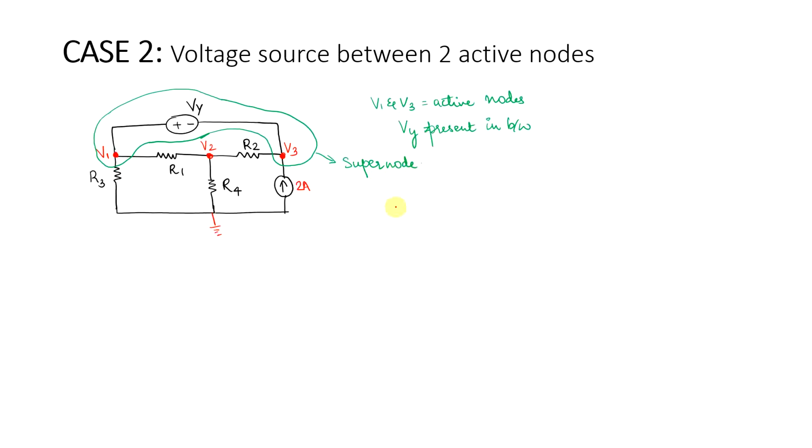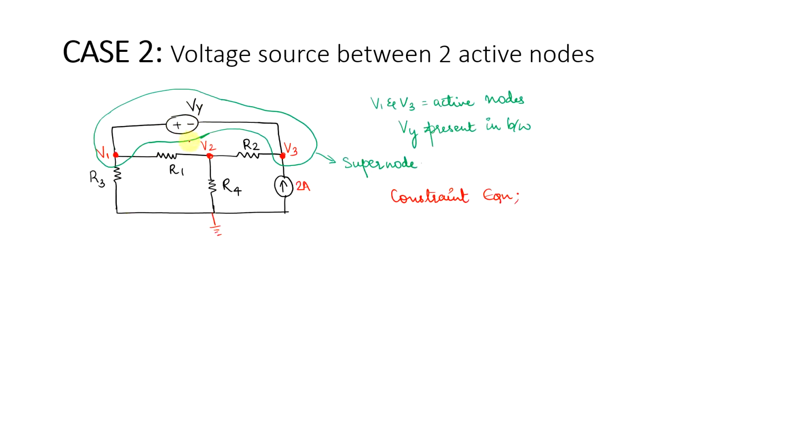Now in this case the constraint equation will give you the relationship between the node voltages, that is the 2 active nodes between which the voltage source is present. So it gives you the relationship between the node voltages and the voltage source that is present in between them.